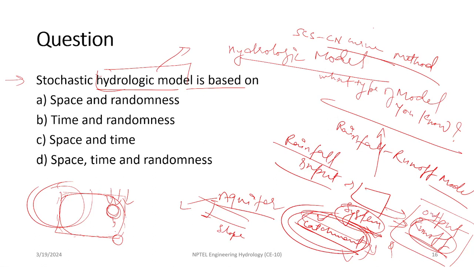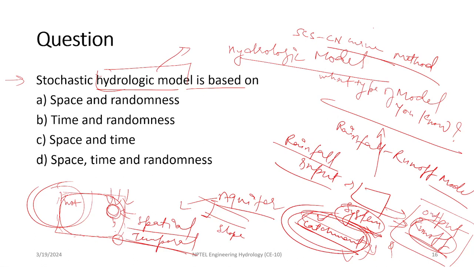Maybe intensity may be high in this area but not in that area. So in order to associate the spatial as well as the temporal variability of input parameters or the catchment characteristics, we should have some assumption about how we want the system to respond.